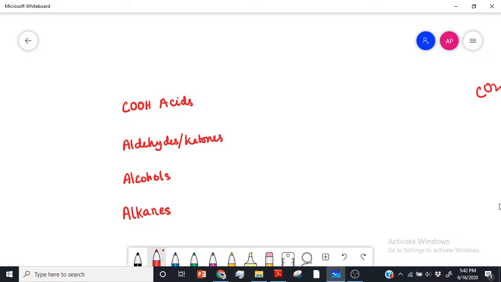Now what are alkanes? Alkanes are molecules in which a carbon-carbon single bond is present, and along with that their hydrogens are bonded. This kind of structure is known as alkane. These are the very basic kind of organic molecules. We begin the study of organic chemistry with these molecules.